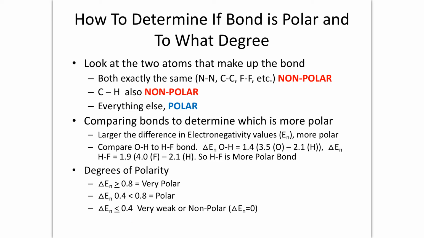Less than or equal to 0.4, very weakly polar. If you get an electronegativity difference equal to 0, that only happens with these. So when you get to this point, if it's polar, that's when you would use this chart. For nonpolar, the electronegativity difference by definition is 0.